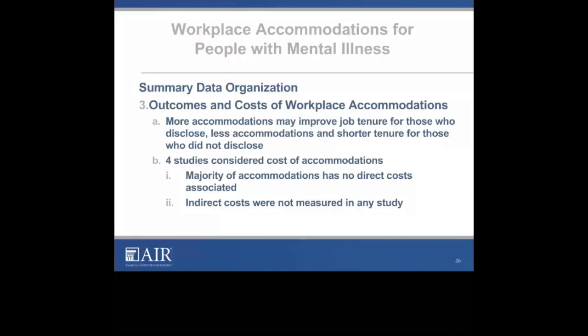Relationship, an issue that's often, at least in my experience with individuals with autism, is problematic in a lot of employment situations. The cost part of it was interesting, that the indirect costs weren't measured in any study, but that none of the direct costs had a major effect. That is, it didn't cost a whole lot more to make these accommodations for the individuals.